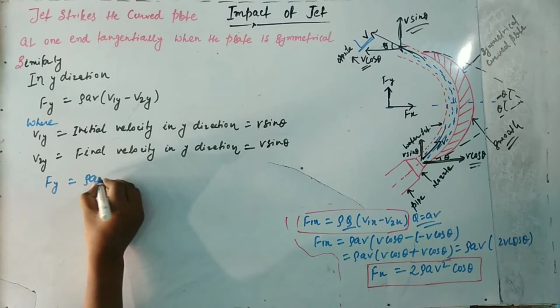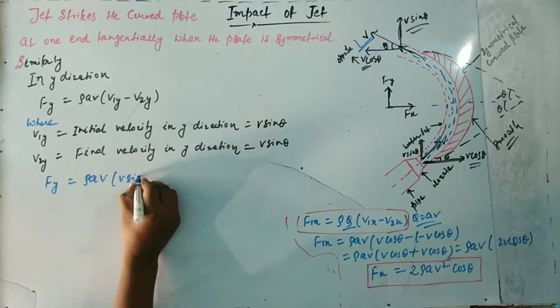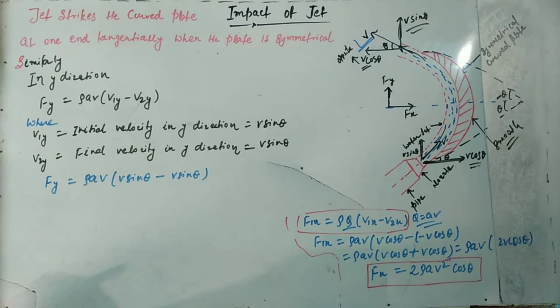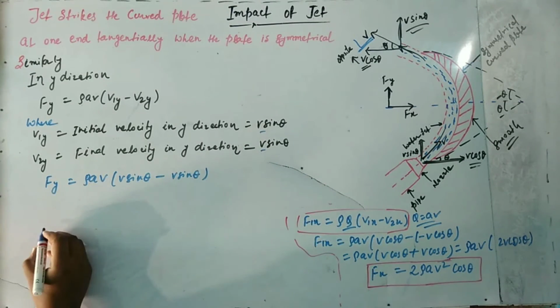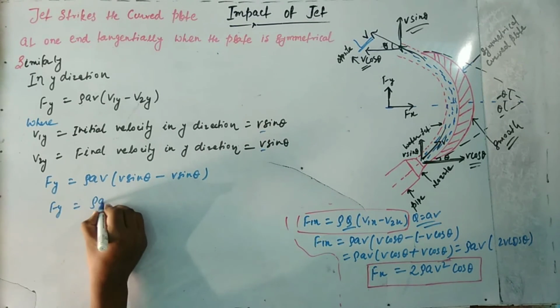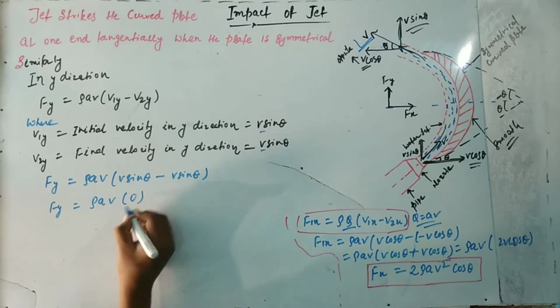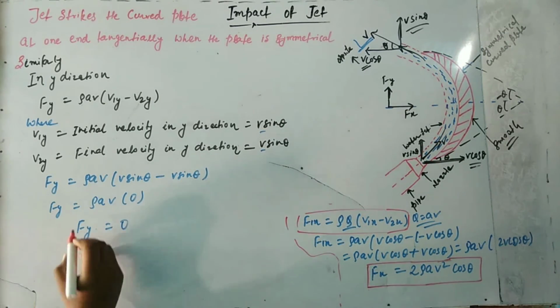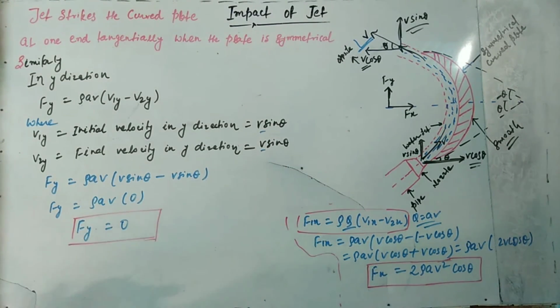Now we put the value of v1y and v2y. So Fy is equals to rho av into v sin theta minus v sin theta. Here v sin theta minus v sin theta is equals to 0. So Fy equals to rho av into 0, that is Fy is equals to 0.